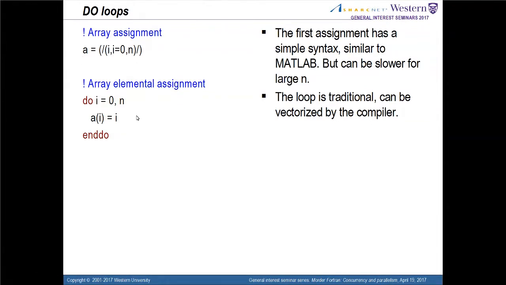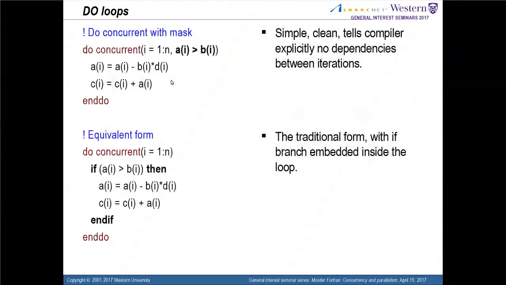And also, we can use this for loop. This is a traditional way of assigning values to array elements. And the loop is traditional and can be vectorized by the compiler. You can use both syntaxes. Now we see here the do concurrent construct.